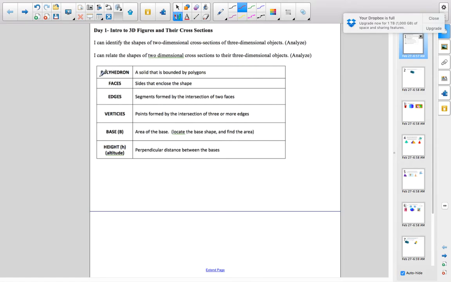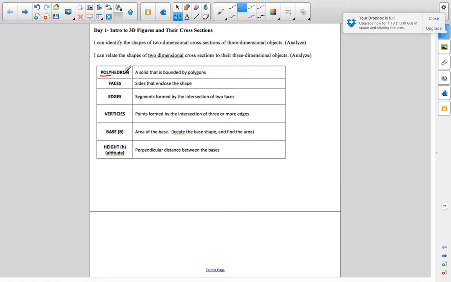So poly means many, and hedron means sides. A hedron is a solid, and it's bound by polygons. If you want to think about things that are solids, on the front table I have a can, a window cleaner, and that is a solid.